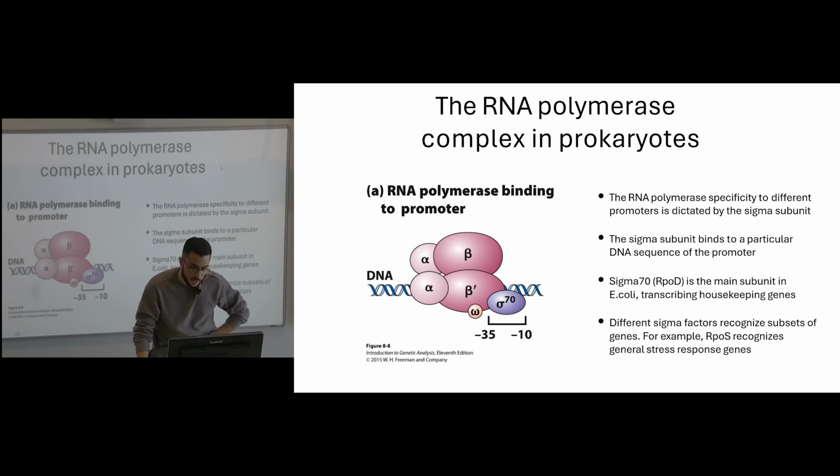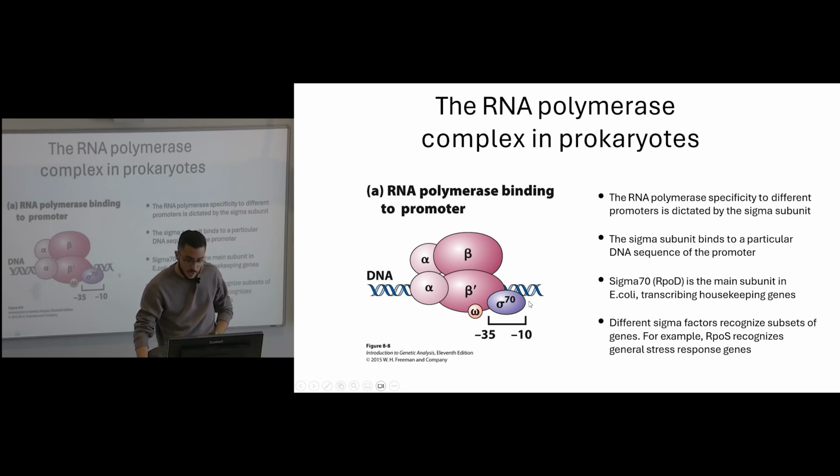Anyways, where was I? So the RNA polymerase in prokaryotes is made up of 5 subunits, okay? 2 alpha, 2 beta, this W, which is omega, and this sigma subunit, which is not part of the RNA polymerase, okay?